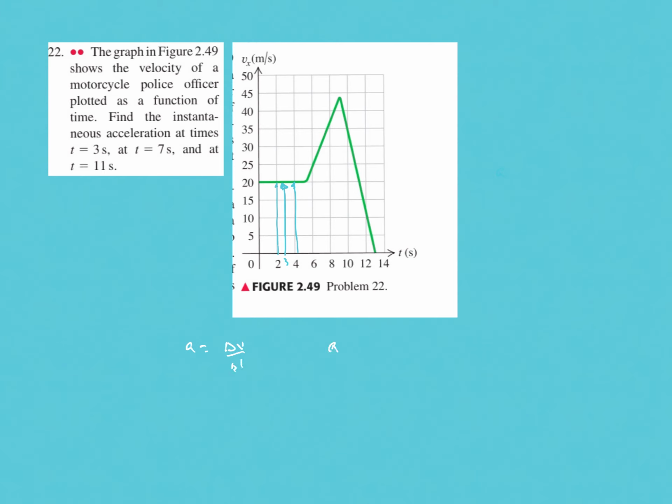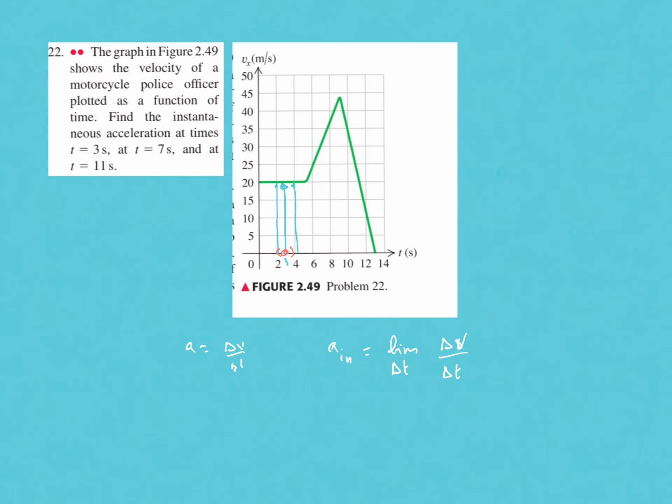And the instantaneous acceleration is a process where you take the limit when delta t goes to 0 of delta v divided by delta t. This is equivalent to seeing the point 3 very near, let's say in an interval of 0.5 seconds, from 3 to 3.5.